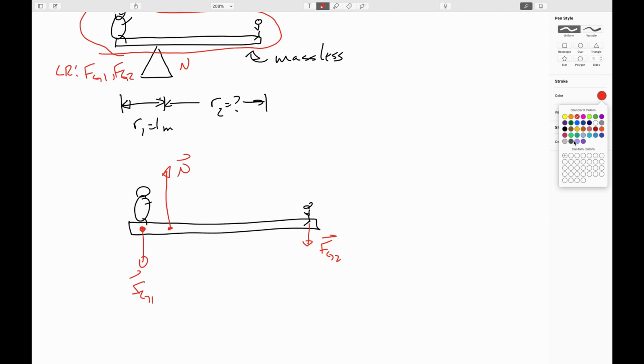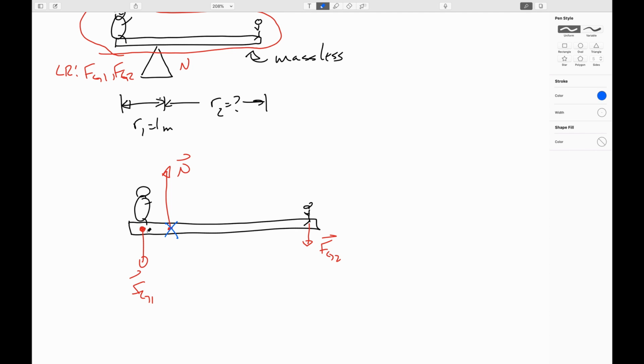Okay. So we need to label our axis of rotation. This is technically an equilibrium problem. When we get to treating equilibrium problems more carefully, we'll find out that there's a lot of freedom in choosing the axis of rotation. But for now, let's just go with the obvious choice of the fulcrum.